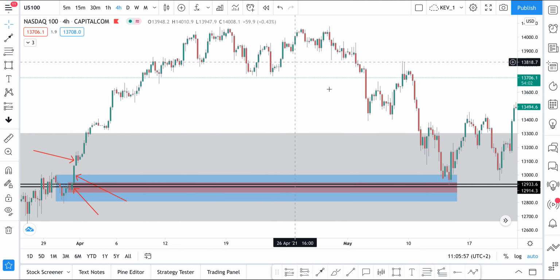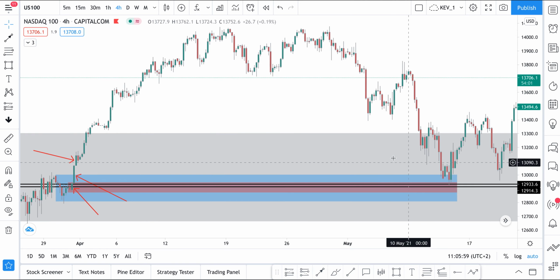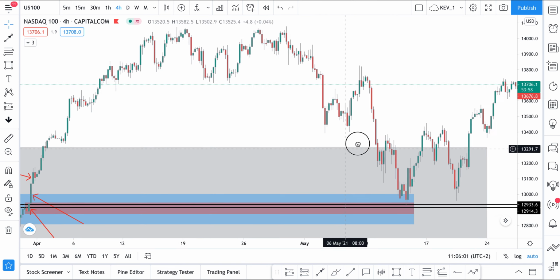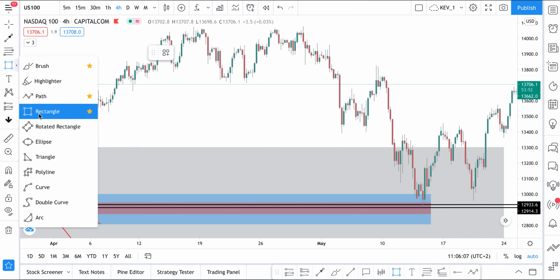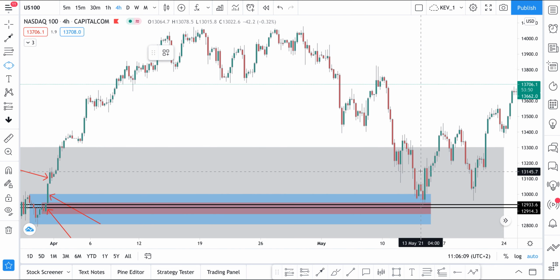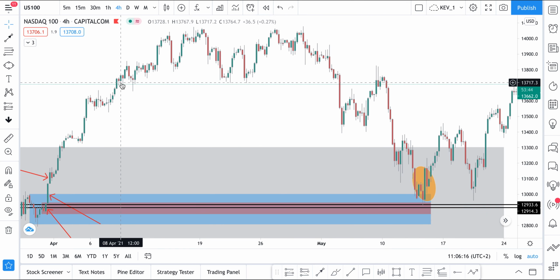And for you to be able to identify it, the best other way, if you do not want to use buy limits, you wait for a candlestick pattern. Like in this case, we have this bullish engulfing candlestick pattern that happened here, right?